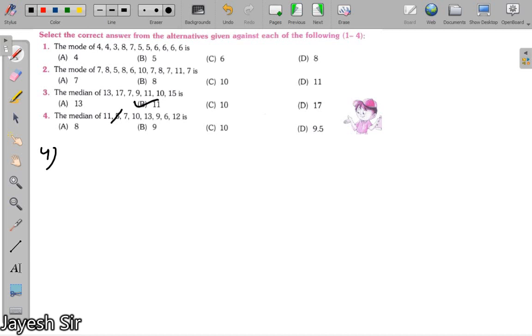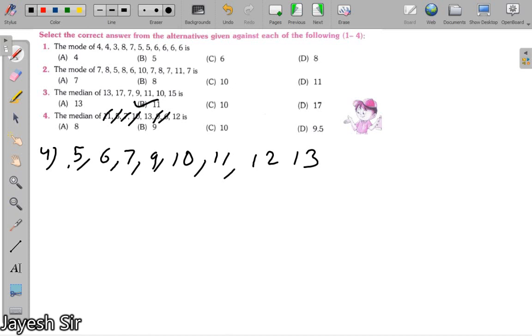The smallest number is 5, then 6, then 7, then 9, 9, then 10, 11, 12 and 13. So there are 1, 2, 3, 4, 5, 6, 7, 8. Total 8 numbers, so you write down n is equal to 8.